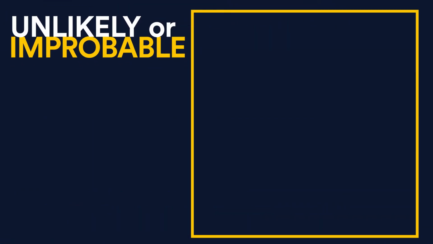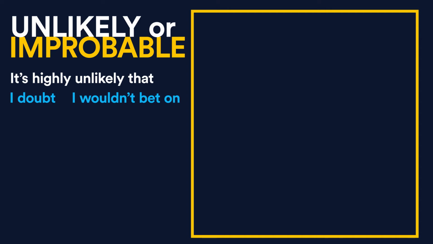On the other hand, there are also phrases that indicate something being unlikely or improbable. Here are some to help you. It's highly unlikely that. I doubt. I wouldn't bet on. I haven't got a chance to.